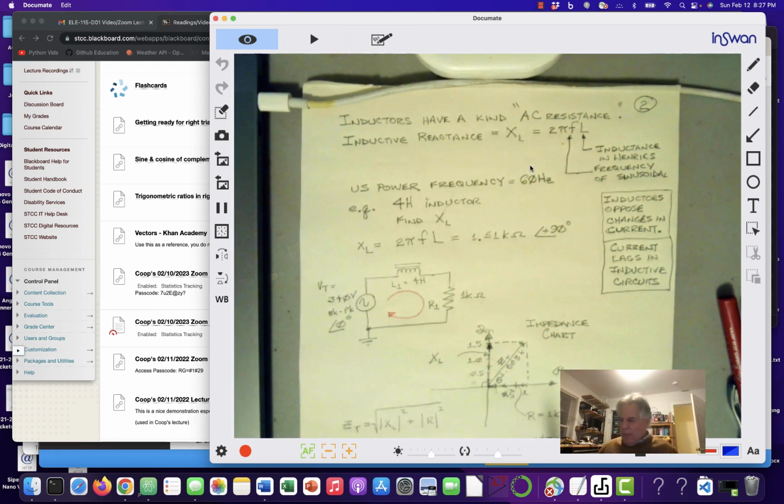If I try to just start up a sine wave on an inductor, I'd get some kind of response from the sine wave, but I'd also get some response from going from nothing to putting the sine wave on. So let's forget about that moment. Let's say the sine wave's been on the inductor or inductive circuit for a while.